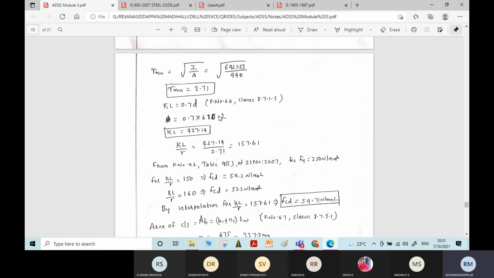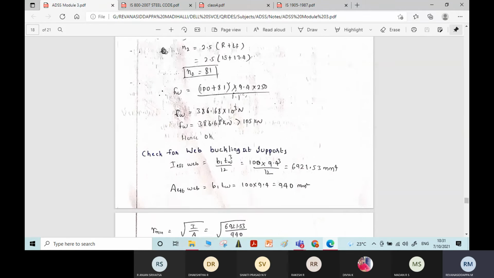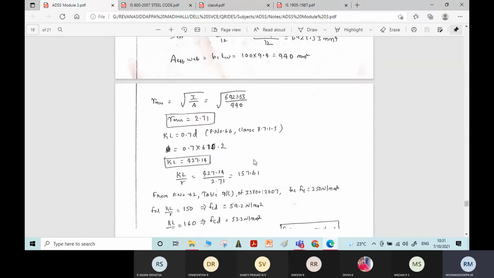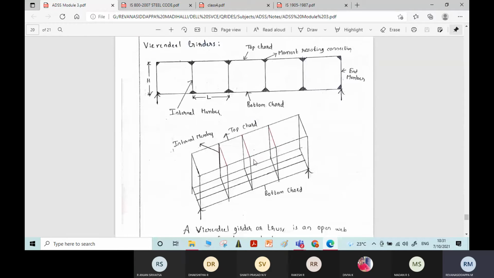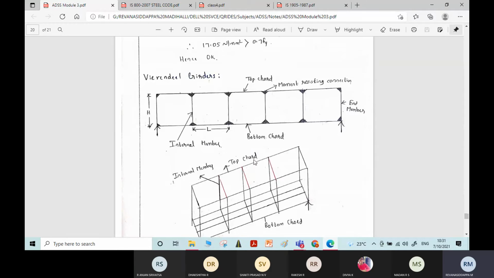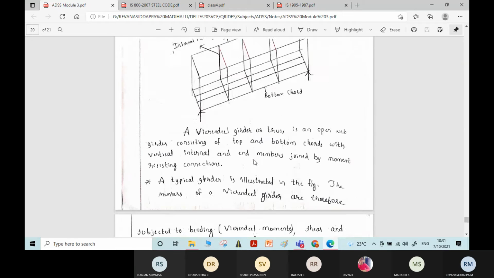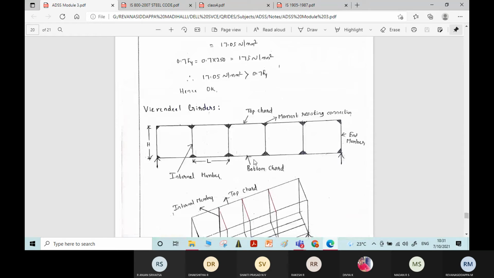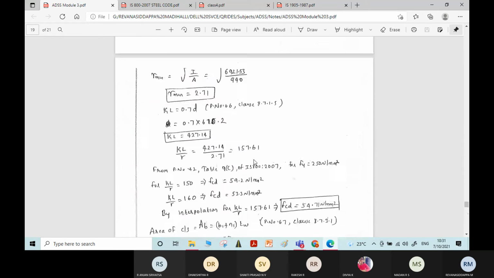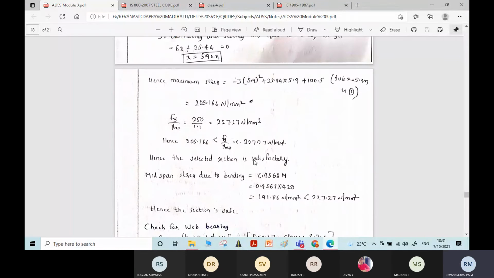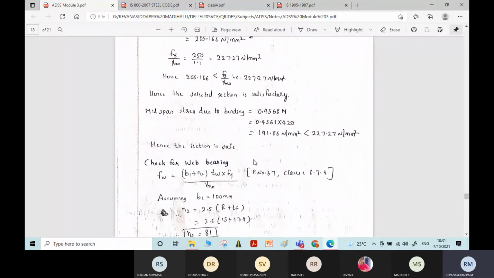That is why I complete this design of the castellated beam, so that we can start a fresh topic in the next class. Let me complete this design. Only around 15 to 20 minutes is required.